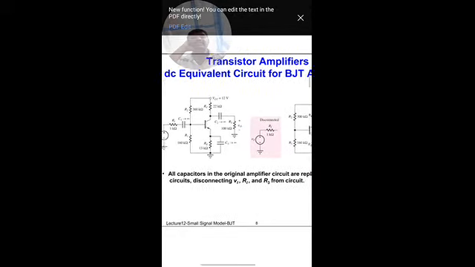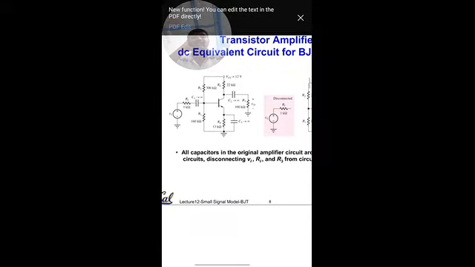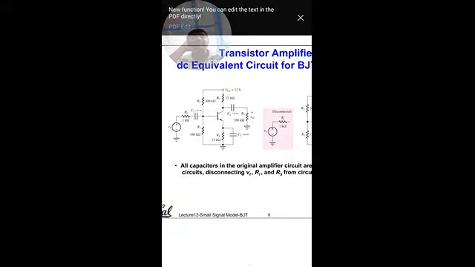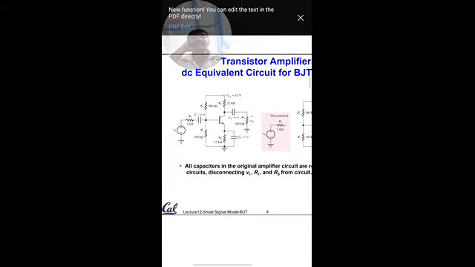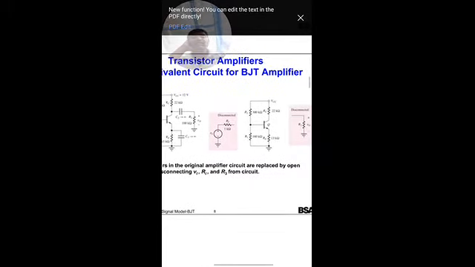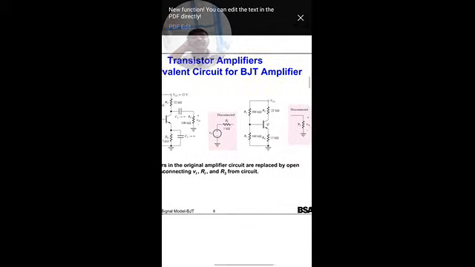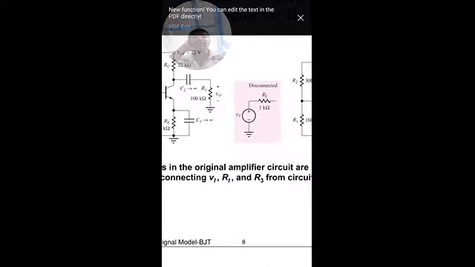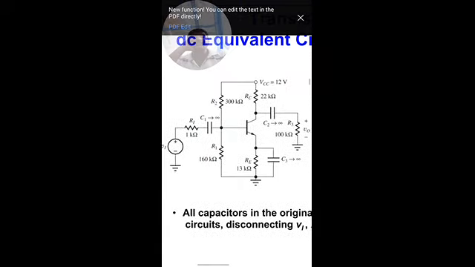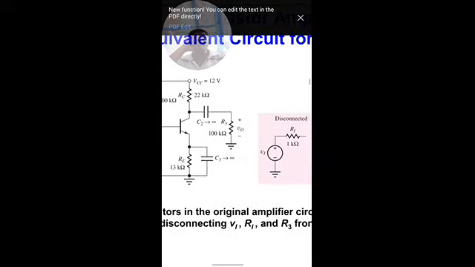So let us consider one example of how we do analysis on the transistor amplifier. See here, this is the amplifier circuit. In the first step we have to find the DC equivalent circuit.